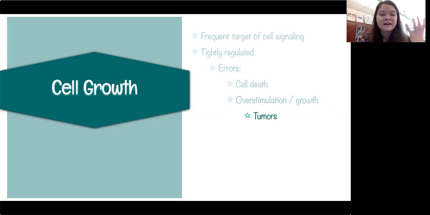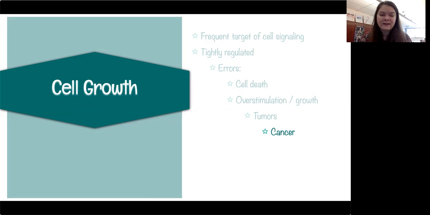And those tumors, if they break apart, can then lead to cancers. So being able to understand the cell cycle as a whole and how the chromosomes are separated is going to be our basis for then building onto this and understanding how the cell cycle is regulated in context of all of this information with cell signaling.